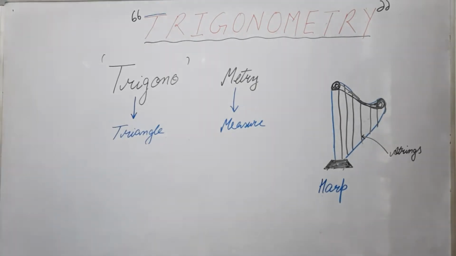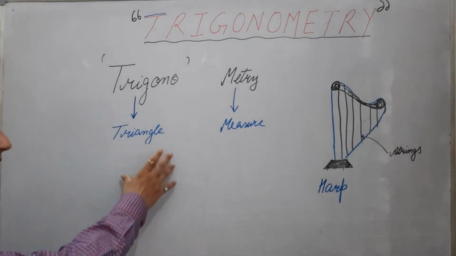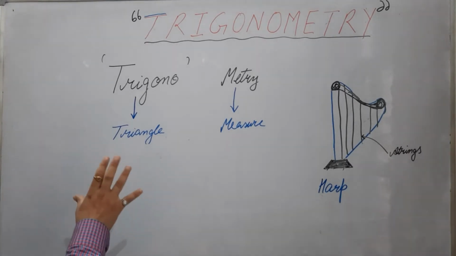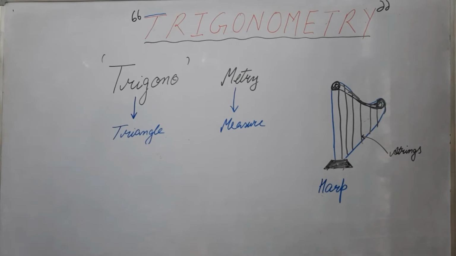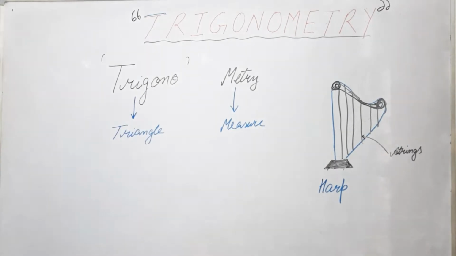And in this chapter, we will study some ratios of the sides, because in a triangle there are 3 sides, 3 angles, 3 vertices. In this, we will study some ratios of the sides of the right angle triangle. Particularly we will deal with the right angle triangle.